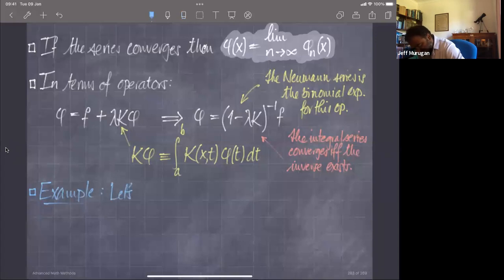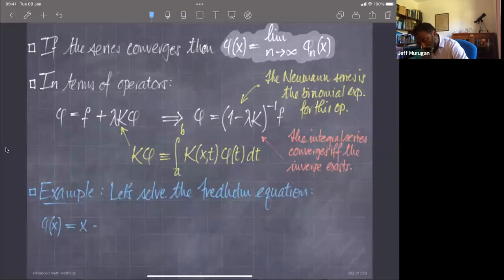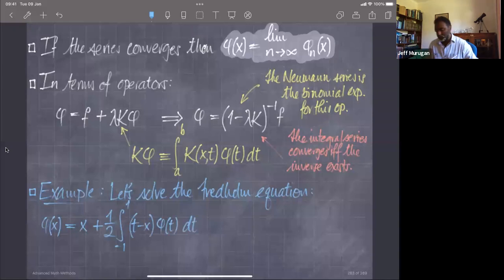So let's solve the Fredholm equation, phi of x equal to x plus 1/2 integral from -1 to 1 of t minus x times phi of t dt.